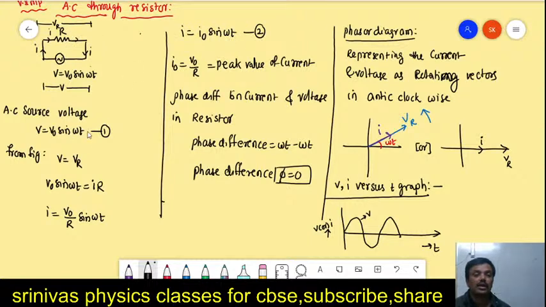Current angle is omega t, voltage angle is also omega t. If you draw the current at t equal to 0, sin 0 is 0. That means when time is 0, current is also 0, and you get the graph like this.